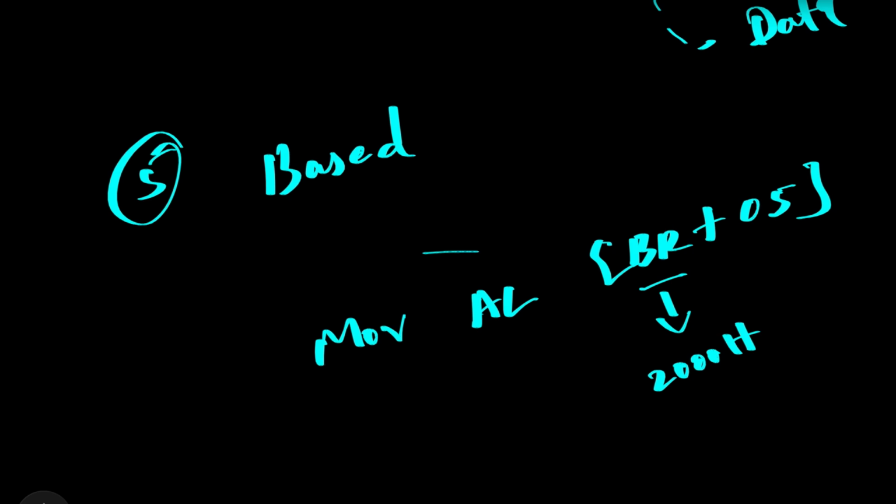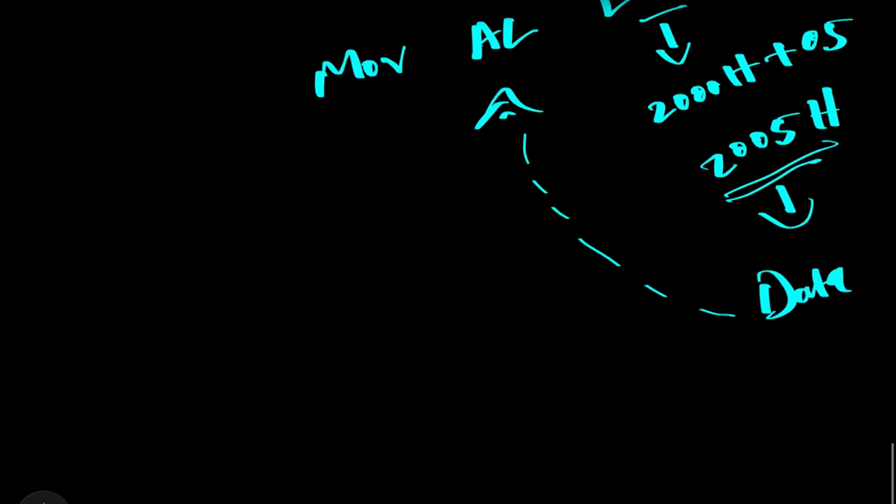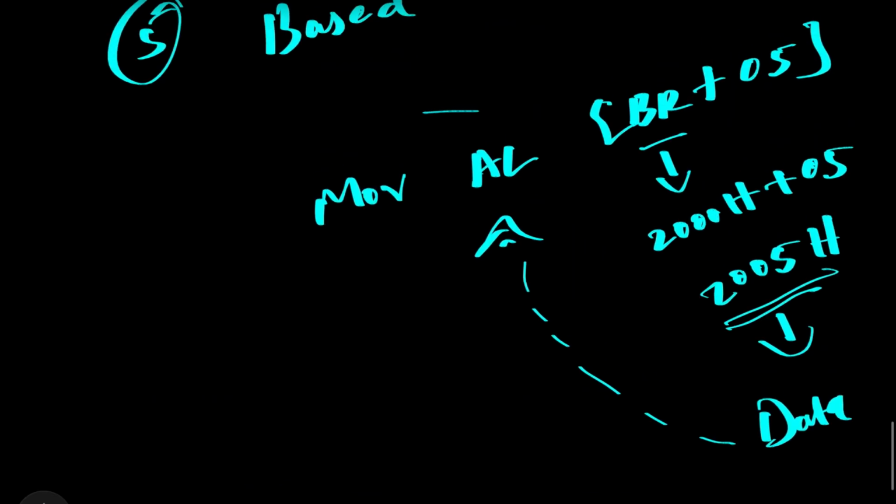Now this has to be added with the constant 05. This finally makes 2005H, and this is the address, which holds the data, and that data gets moved into the AL register. So these are the interesting addressing modes, and this is how the assembly language instruction set is understood, interpreted, or perceived by the CPU.